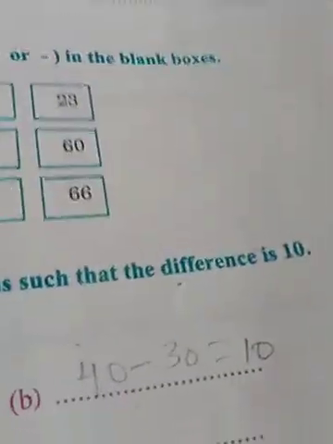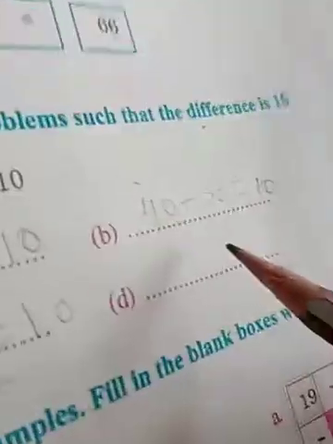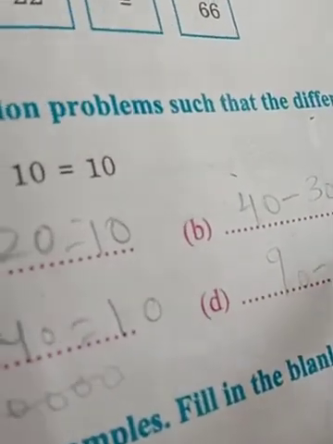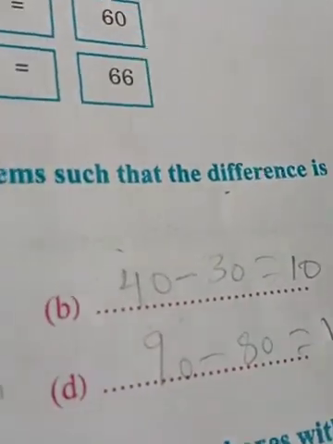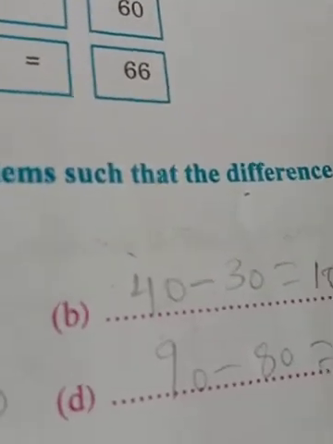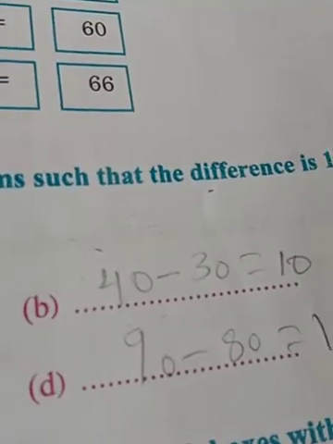Now next number, 90 minus 80. 90 minus 80 also 10. Okay. Understand children? In tens place, which numbers will be taken, the difference will become 10.